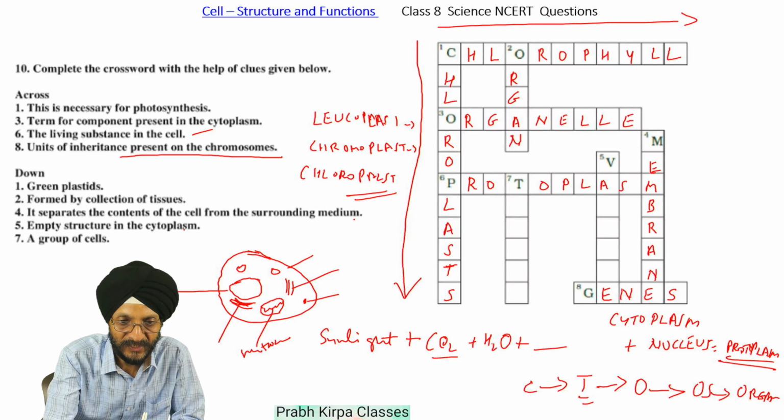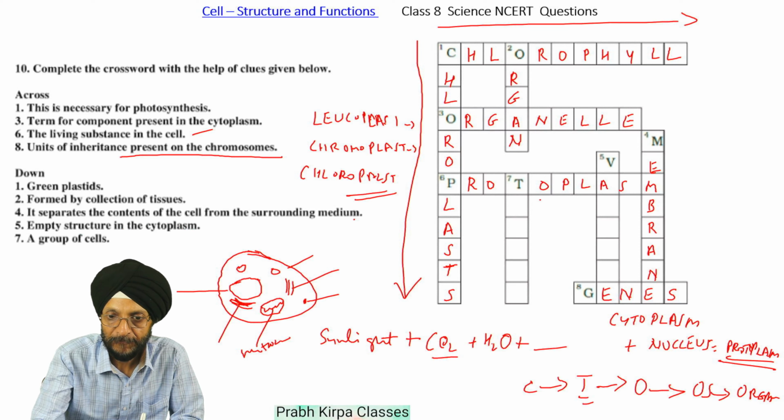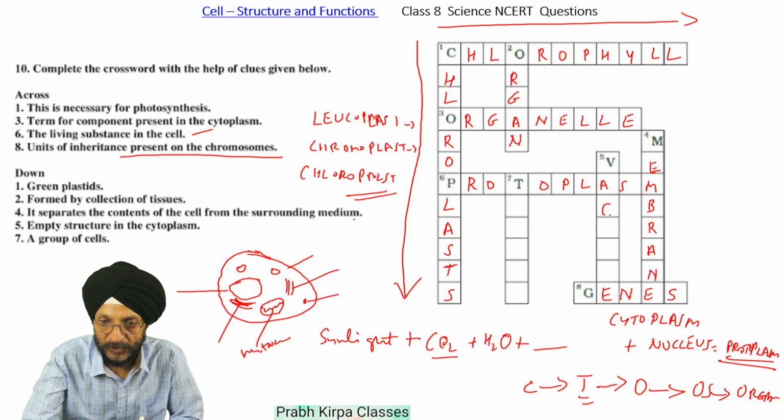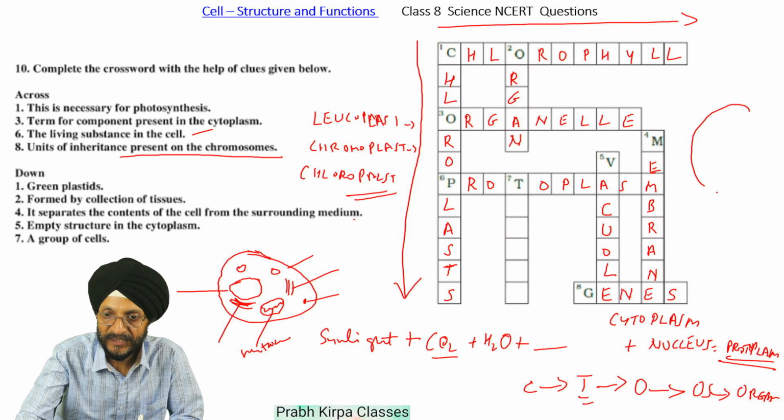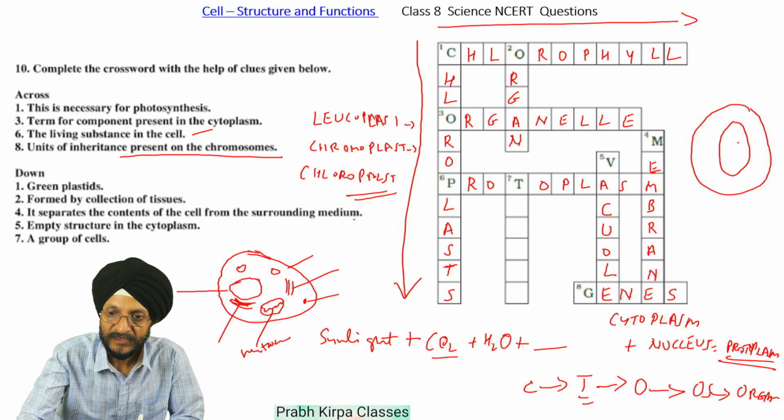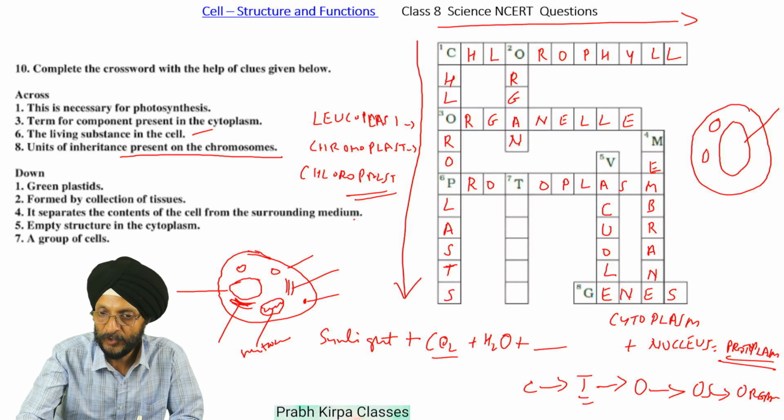So empty structure in the cytoplasm is known as vacuole. You have seen that in the case of plant cells, there is a large structure which is known as vacuole. Other things like nucleus, mitochondria, Golgi apparatus, other things are different.